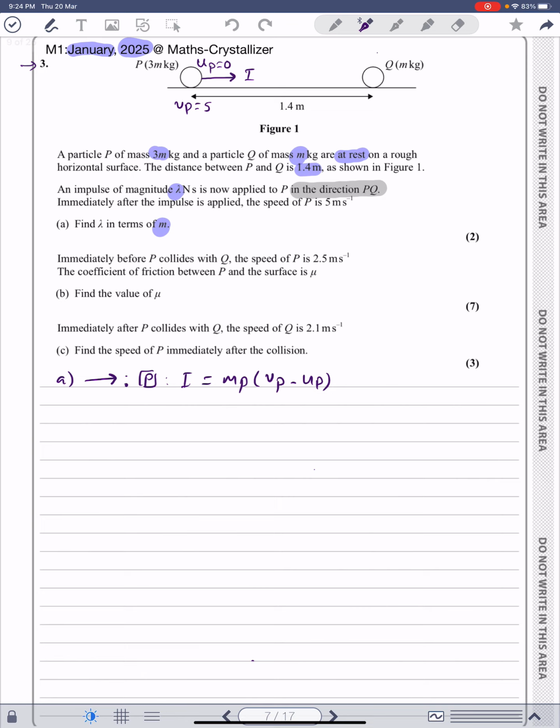In the question the impulse is lambda and the mass of P is 3m. Notation is very important; it makes the question simpler and faster. V of P is 5, and it was at rest. This gives that lambda in terms of m is 15m. This is part A.